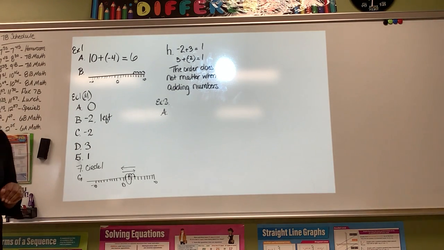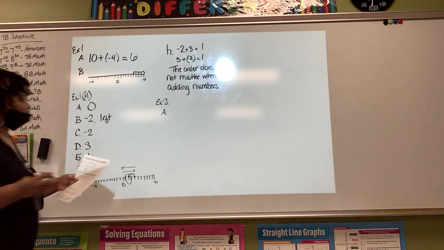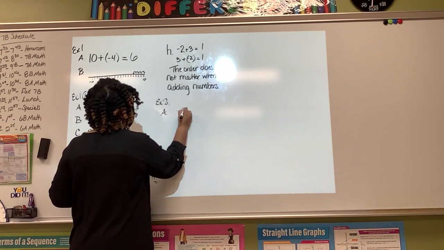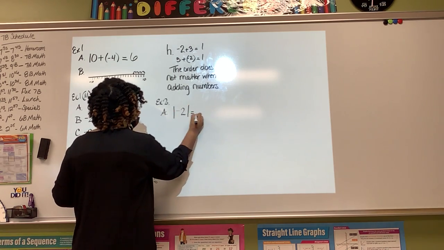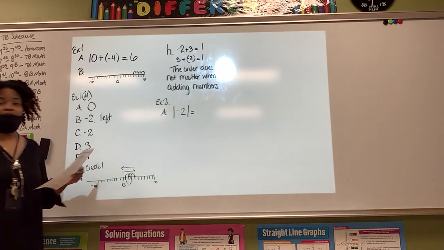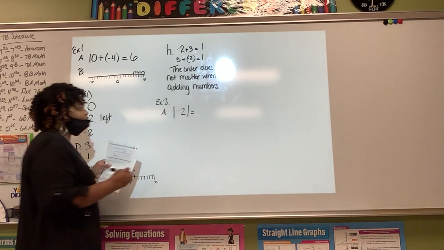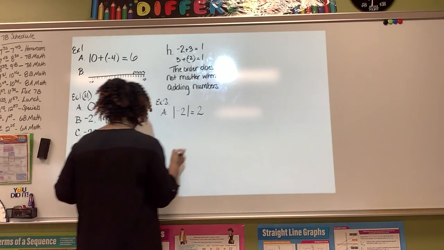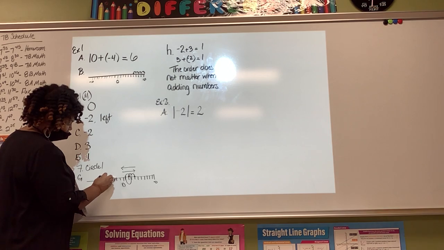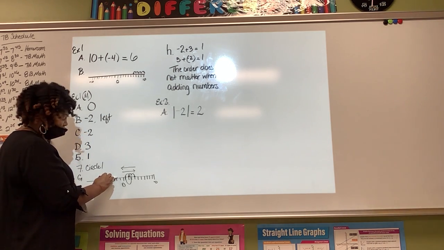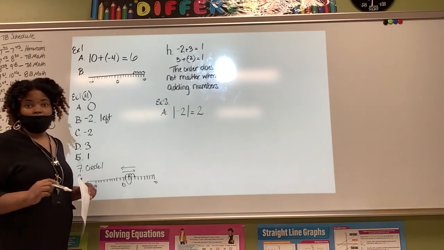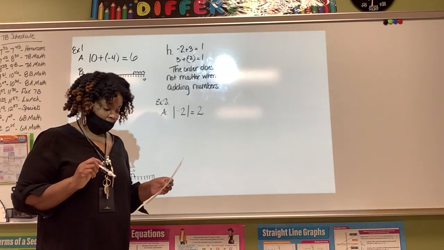So let's look at A. Now that you know that, it says, how does absolute value determine the arrow length for -2? So that means that we have -2, and we're trying to find the absolute value. What is the absolute value? 2. That's how many times from this -2 do we get back to the 0? 1, 2. That's the absolute value.